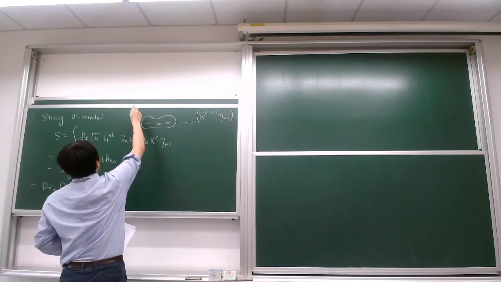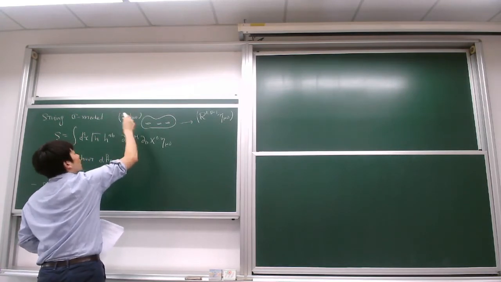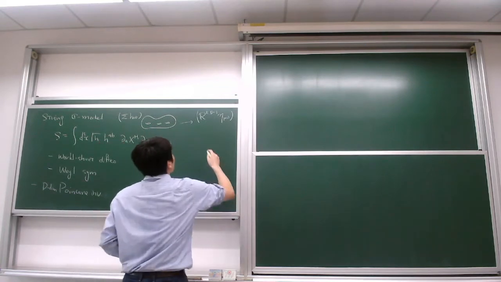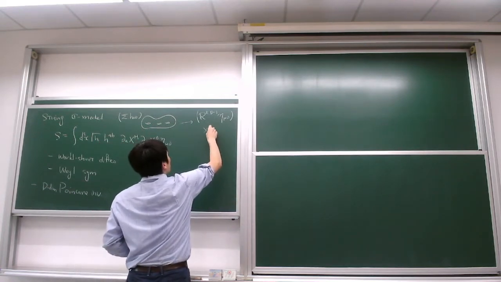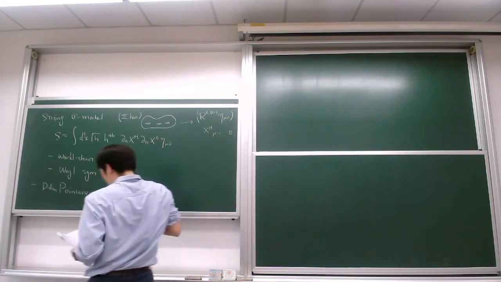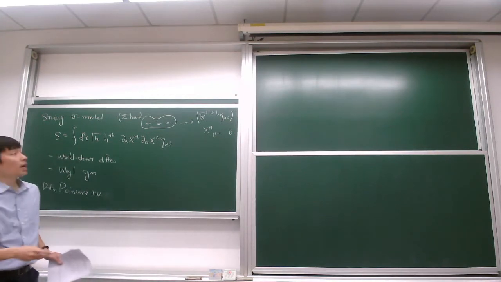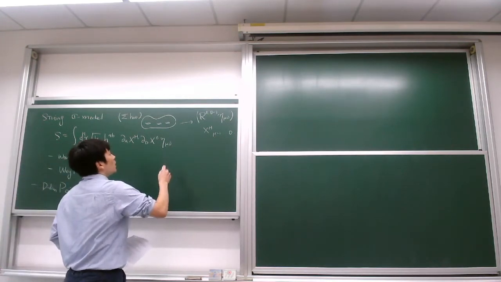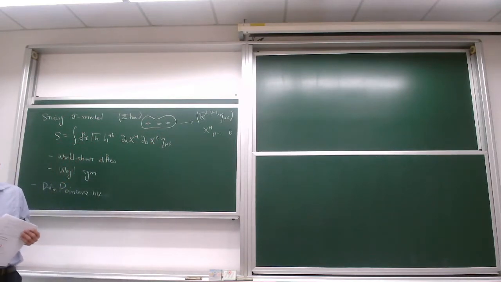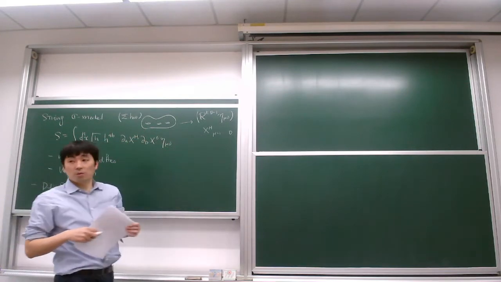So this is the Riemann surface, the worldsheet, and h_ab is the metric of the worldsheet, and this X^mu, where mu runs from 1 to D, are the coordinates of the target. And a, b are the coordinates of the worldsheet, mu, nu are the coordinates of the target.